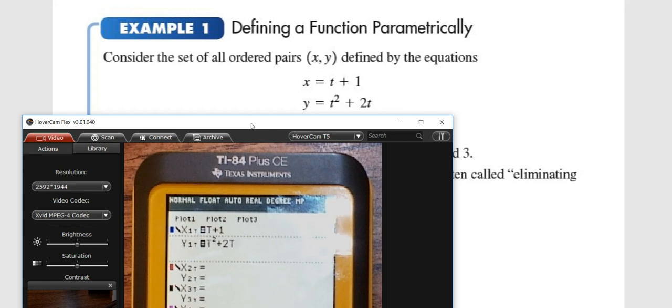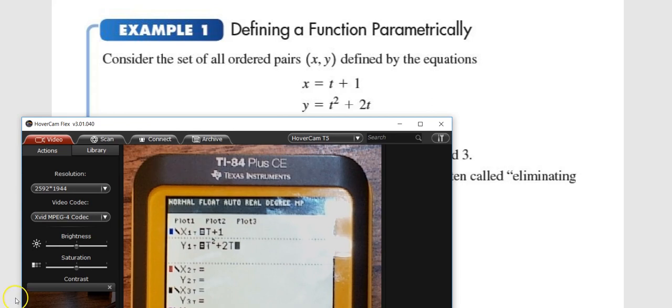Anybody having any problems finding or graphing the t plus 1? Okay, anybody have any questions on getting that entered in?